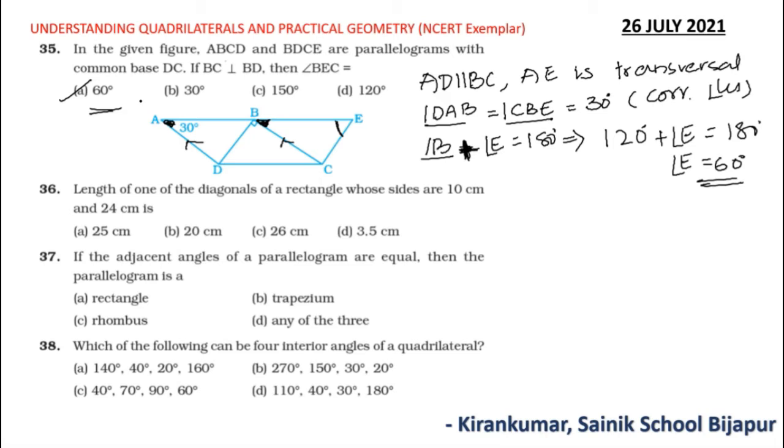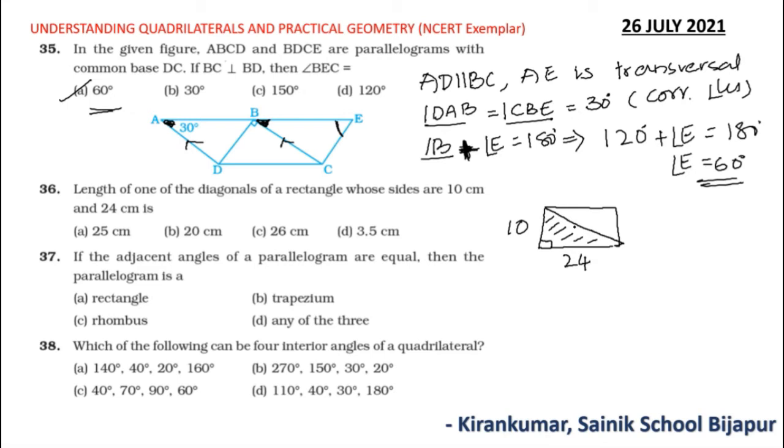Question 36. The length of one of the diagonals of a rectangle whose sides are 10 centimeter and 24 centimeter is. Since it is a rectangle, we know that all the angles measure 90 degree. So we get a right angled triangle. The side is 10, one more side is 24.